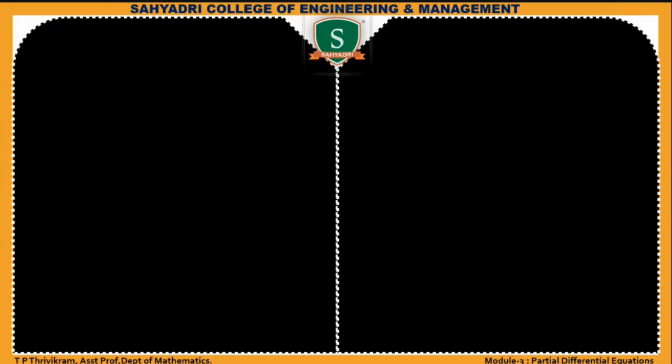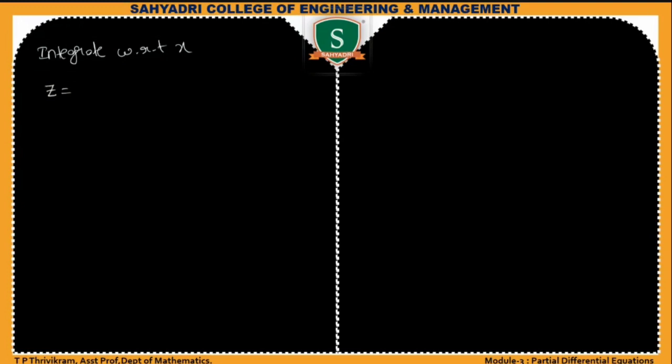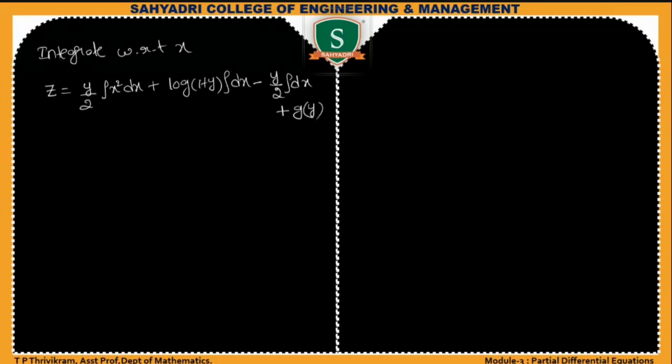If you integrate with respect to x on both sides, z is equal to y by 2 will be constant, integral x square dx, plus log of 1 plus y will be constant, integral dx, minus y by 2 is constant, integral dx, plus g of y, which is one more arbitrary function.